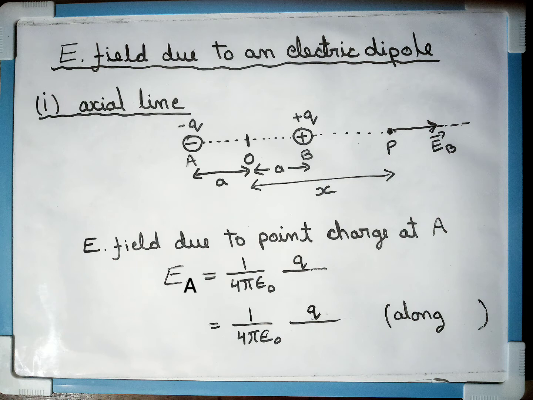Hence your EA will be equal to 1 by 4 pi epsilon naught q divided by AP square.